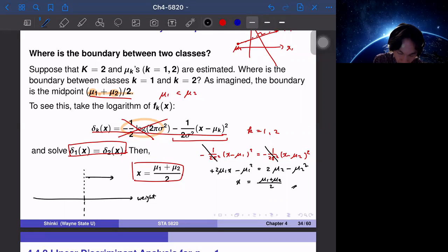If the weight of the animal is larger than some point, then we regard that as a giraffe, and smaller than that, a horse. And what's the threshold? That is just the midpoint of the two classes. So if the horse has the average weight of 500 pounds and the giraffe has 1,000 pounds, then this point is just 750.